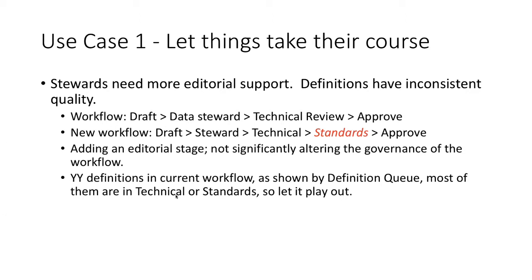And by that I mean I would create a new version of my definition approval workflow. And then any new things would be able to take advantage of that standards review. But I wouldn't go back and touch any of the earlier definitions, whether they were approved under that previous workflow or if they were just waiting in that workflow.